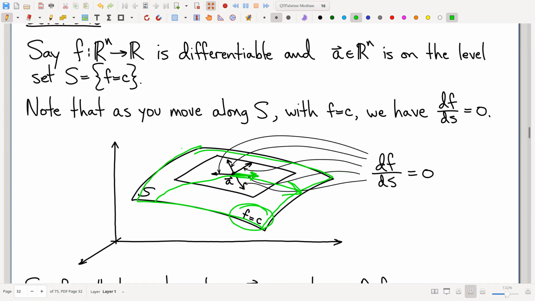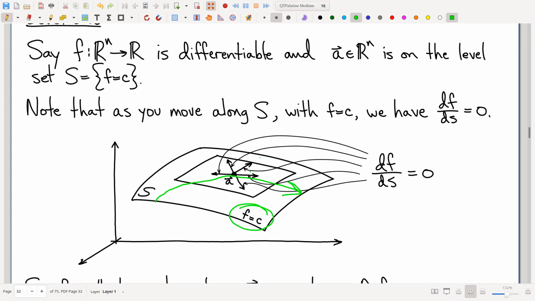Now, let's talk about what f is doing as I move along this path. And for the moment, let me get rid of the velocity vector even. What's f doing as I move along this path? Keeping in mind this path is entirely in this surface, and that this surface is a level set of f, which means every point on this surface, every point on this curve, f is constant. So, a lot of words. Just to ask the question again for rhetorical purposes, what's happening to f as I move along this surface where f doesn't change?